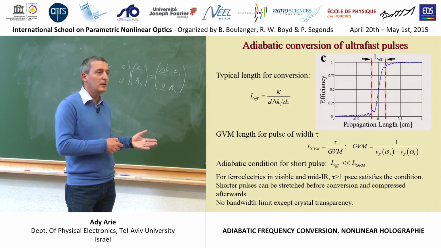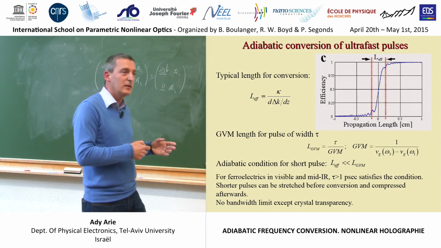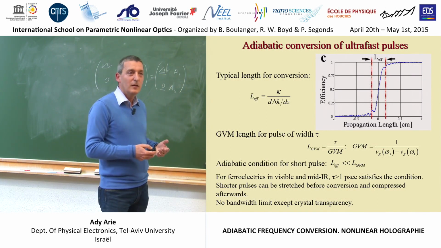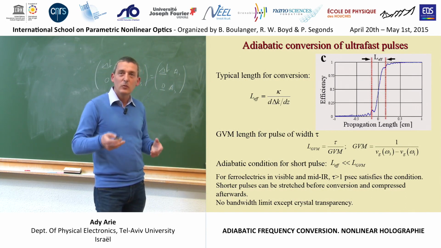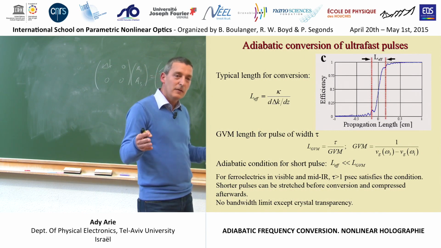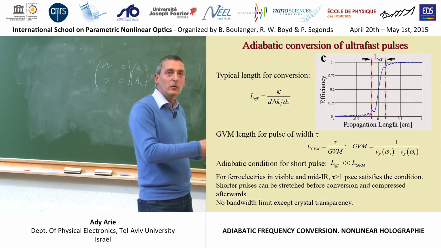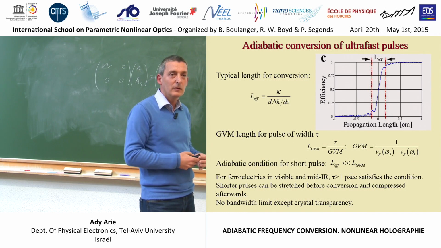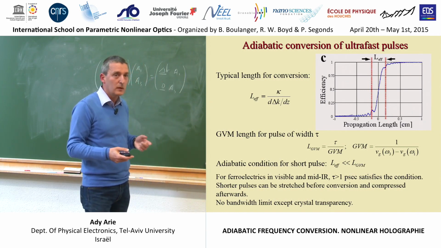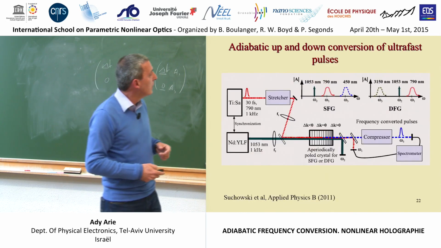But it doesn't mean that I cannot use a 10 femtosecond signal. What should I do? I should implement a similar concept to what was presented for OPCPA. I take the pulse, I broaden it, then I do the conversion, and then I recompress it. So I just have to broaden it to more than about a picosecond, and then it will work.